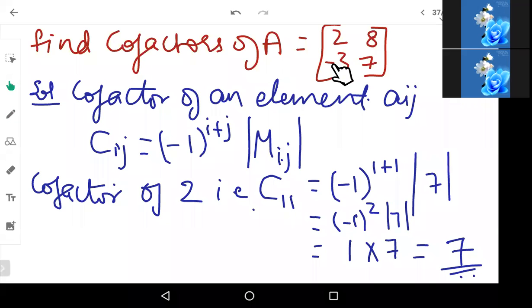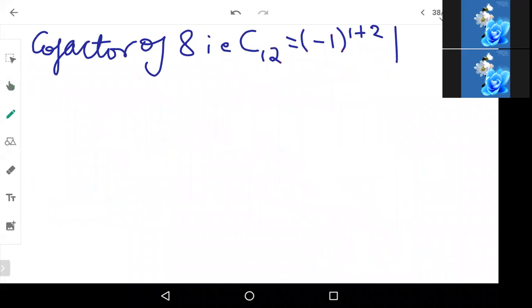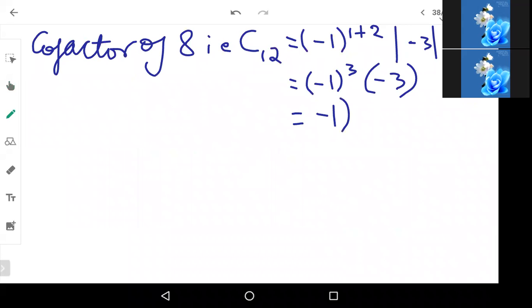Minor of 8 is -3. So -1 to the power 3 into -3. -1 into -3 will give us +3. So the cofactor of 8 is +3.